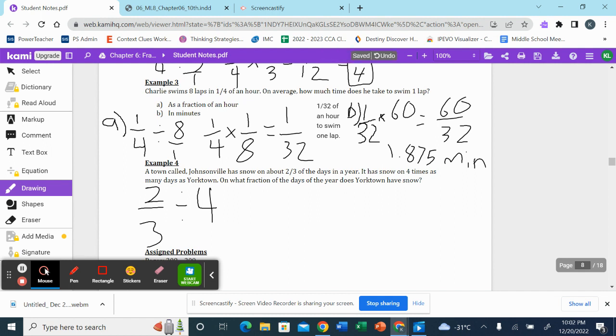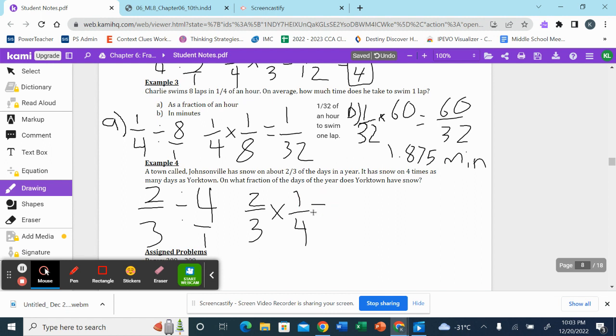So again, division statement, 4 over 1. And I'm going to keep my first number, keep my fraction, multiply, and flip the reciprocal of the second one. So 2/3 times 1 over 4 is the same as saying 2/3 divided by 4.